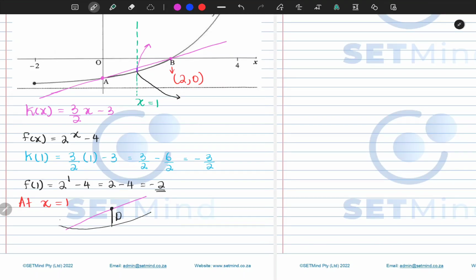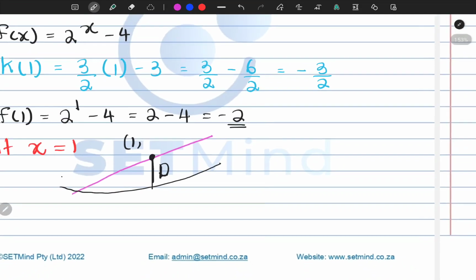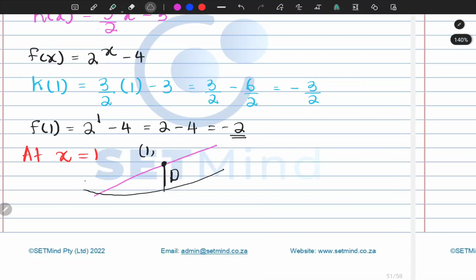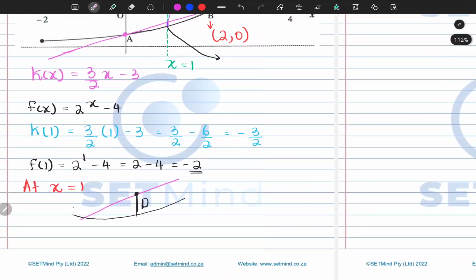And at that point, on the pink one, what we have at the top, remember x is 1. So you have 1, comma, the y value for the pink one. Let me write them in pink. So if you look carefully at x is 1, what we got was 1 and the y value was negative 3 over 2.